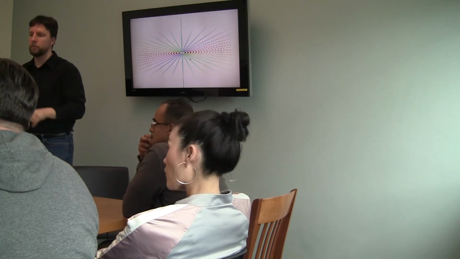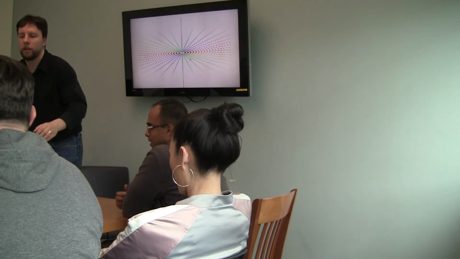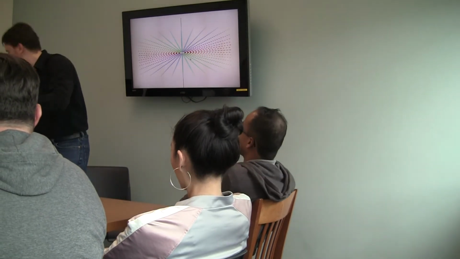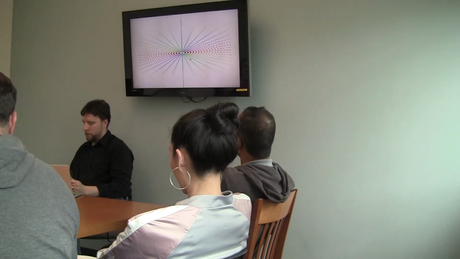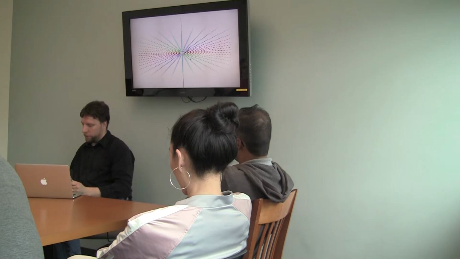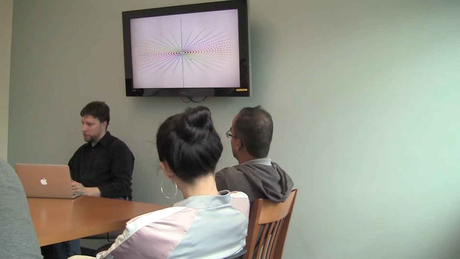Anybody else want to see that before I mess around with it? So now we're going to make this a more complicated transformation, and we'll see if we can still find any directions that are unchanged by the transformation.